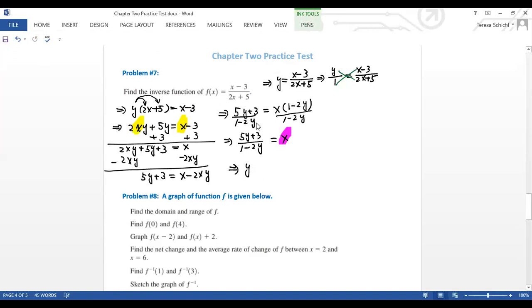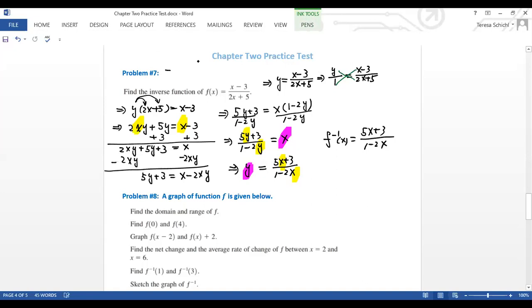The x becomes y and the y becomes x here. So this is (5x plus 3) over (1 minus 2x). You switch all the y to x, and this is your answer. So we say f inverse of x is equal to (5x plus 3) over (1 minus 2x), right?